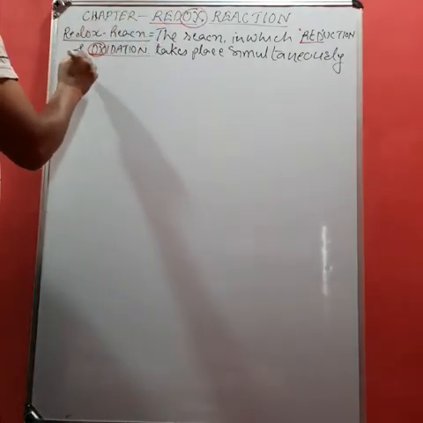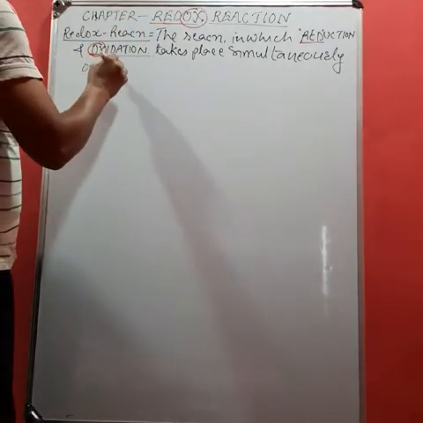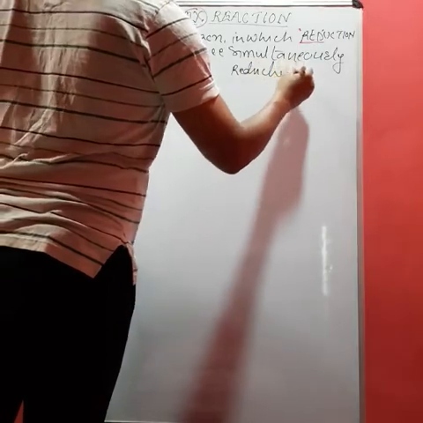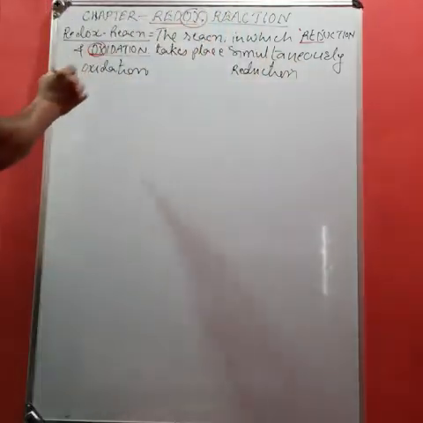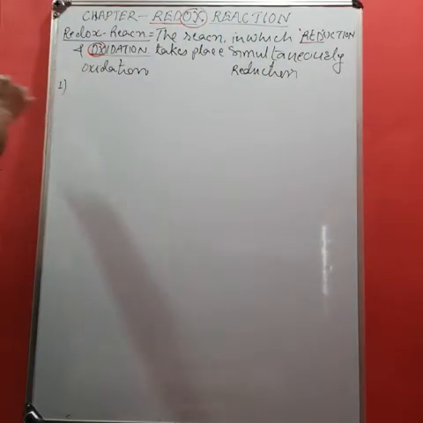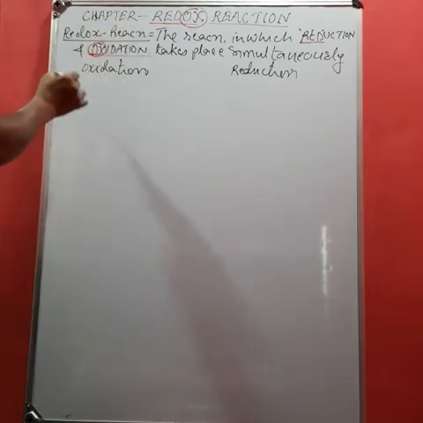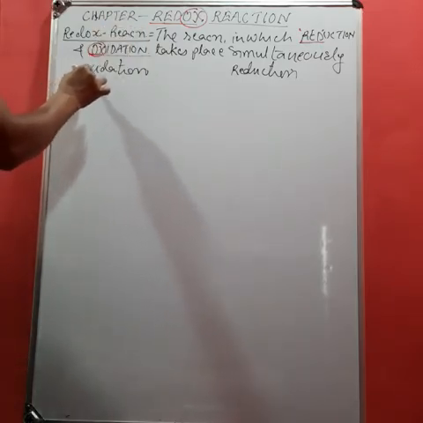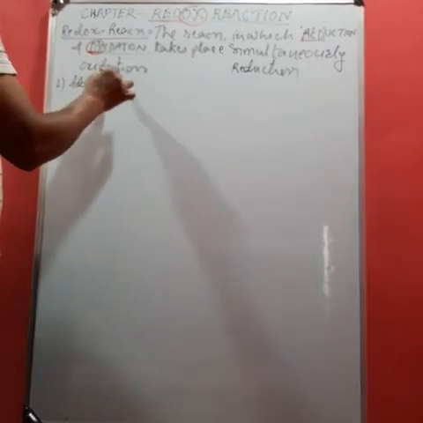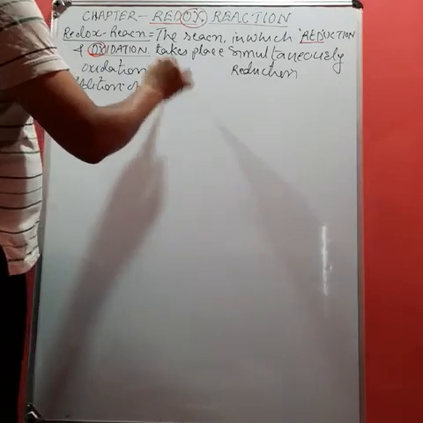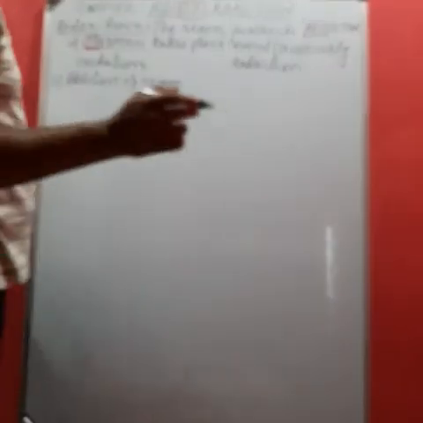Now, oxidation and reduction terms, we can define them. Okay, so you have some very simple knowledge from the previous classes, like here, addition of oxygen is known as oxidation.